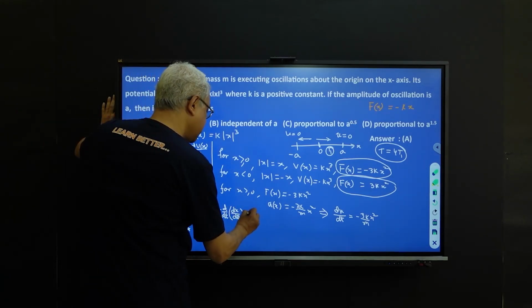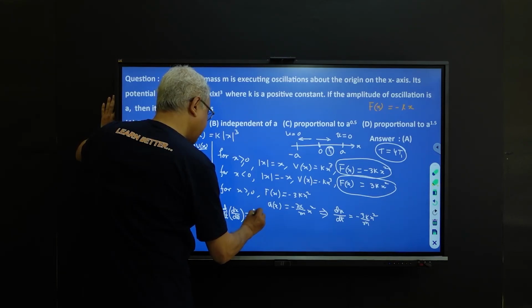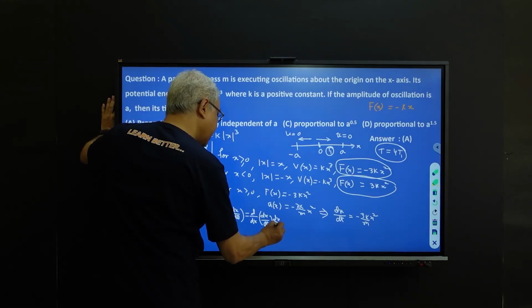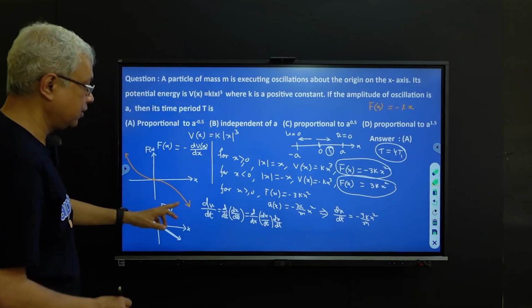So it is d/dx of dx/dt into dx/dt. I can write this from chain rule.